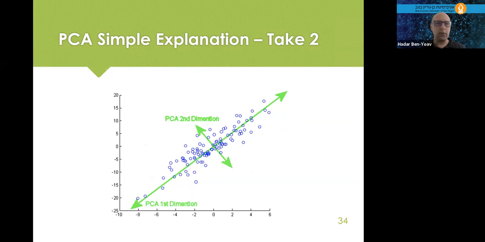Okay. So the whole idea is that we take our data and we look at it from a different point of view that will maximize the variability. When you apply PCA, and you can look at it online, it's actually very simple.